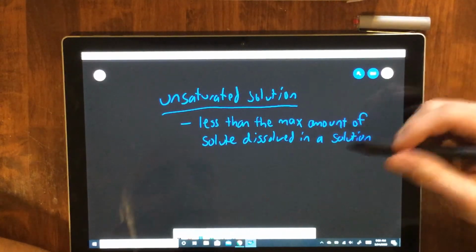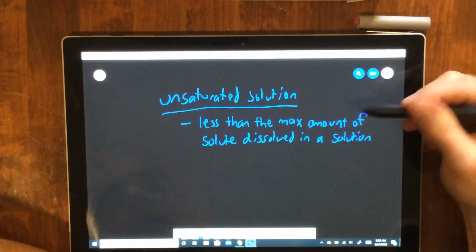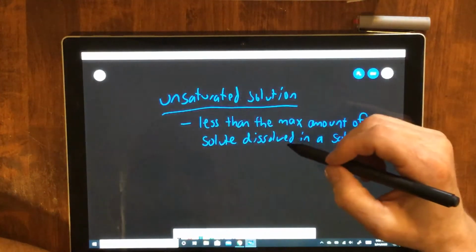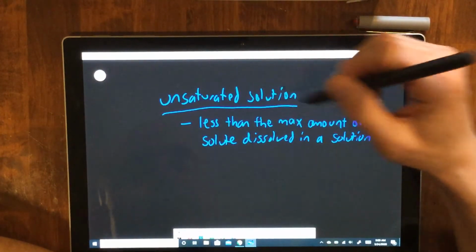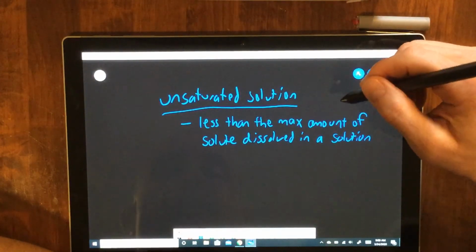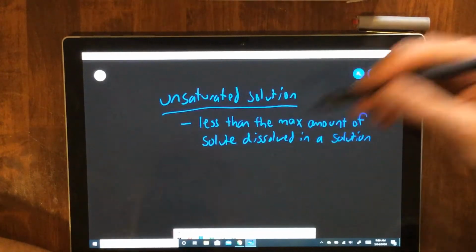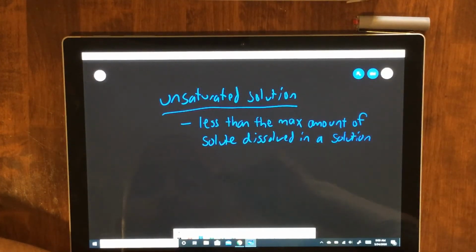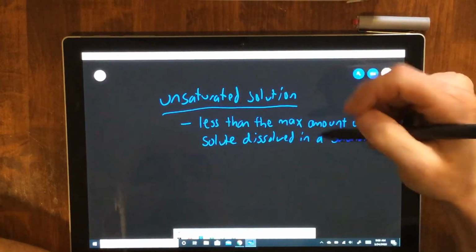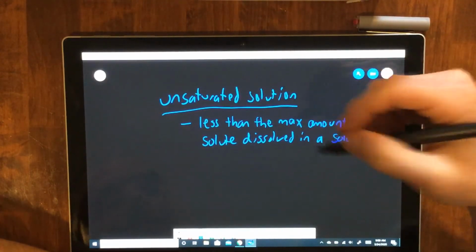Meaning, if you go to table G, you pick a certain solute, NaCl, KNO3, whatever, and you look at the temperature and say, okay, I can dissolve 20 grams, but I only put in 10.